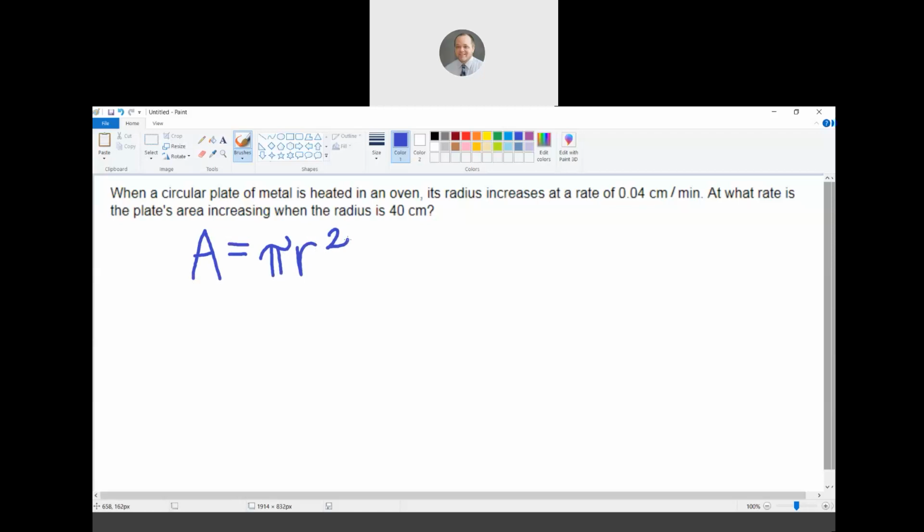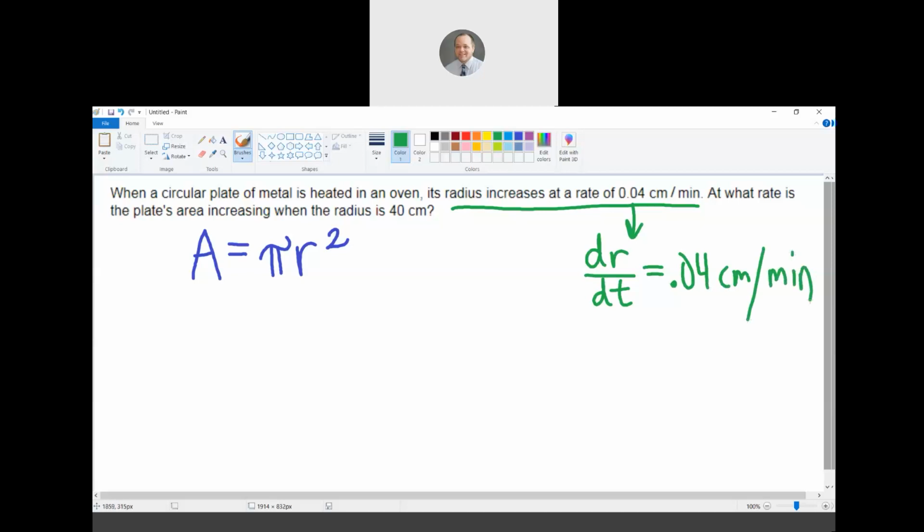Now, off to the side, I like to put my given information. The radius increases with respect to time, so that's the ratio dr dt, and its value is 0.04 centimeters per minute. We're also given the radius r is 40 centimeters.